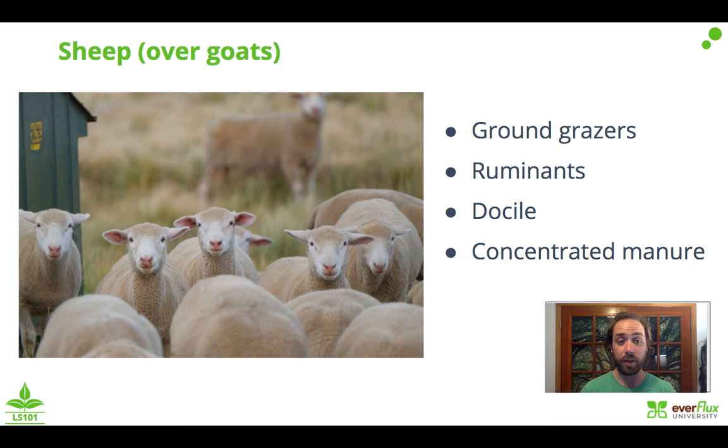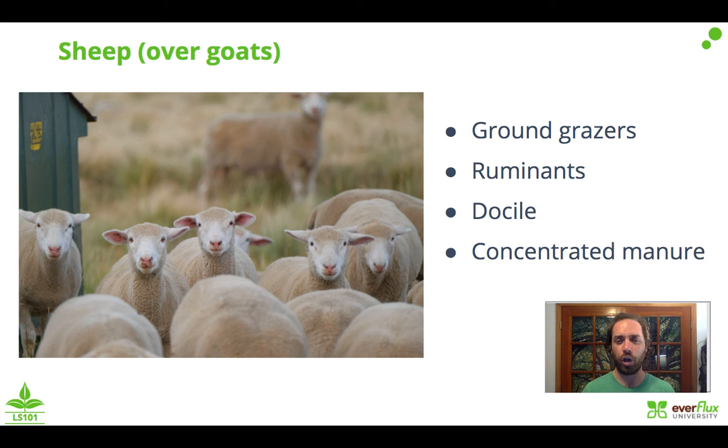Now, another livestock that we recommend for small farms or gardens are sheep. And I'm going to talk a little bit about sheep as opposed to goats, just as a comparison. So goats are known for being somewhat destructive. They will really eat anything, and they will try to get at anything. They will climb up and eat the bark and leaves off of trees.